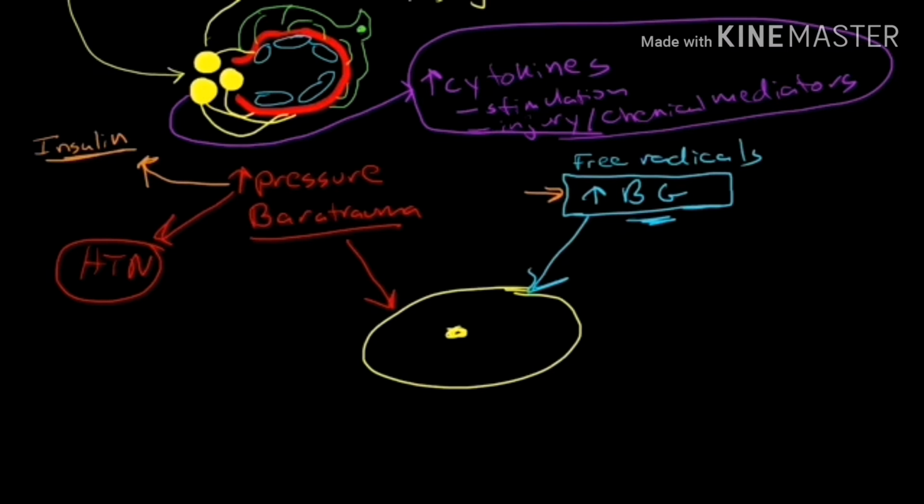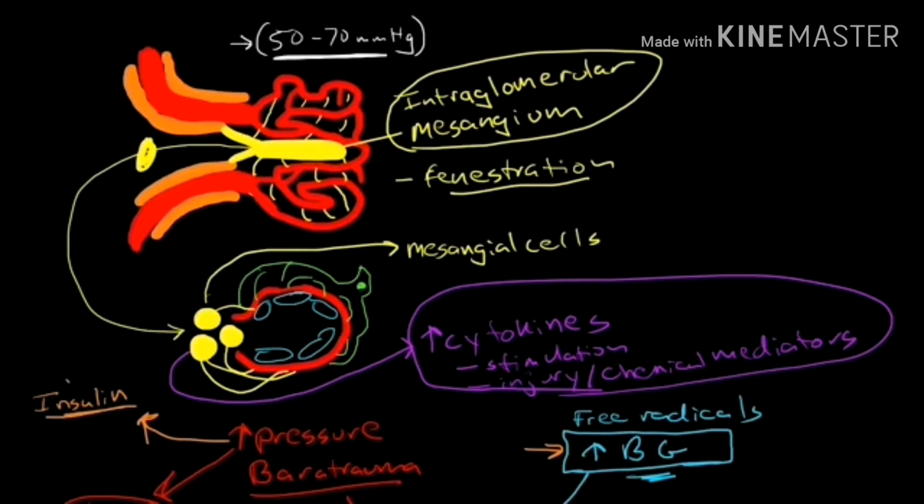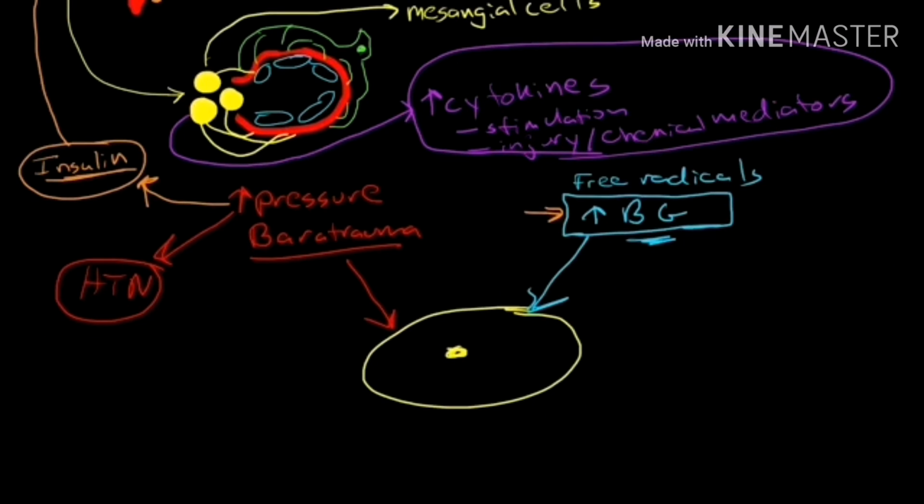But suffice it to say that even if a diabetic has normal systemic pressure, they oftentimes will have hypertension in the glomerulus because many of these mediators, like insulin, some other hormones, and some cytokines, angiotensin is one of the central ones, cause vasoconstriction of the efferent arterioles, and that raises intraglomerular pressure. Okay, so this is increased intraglomerular pressure.